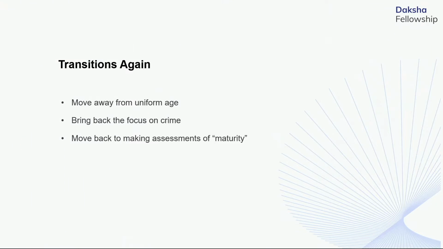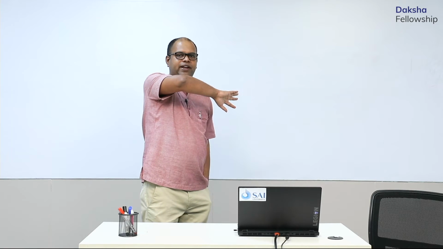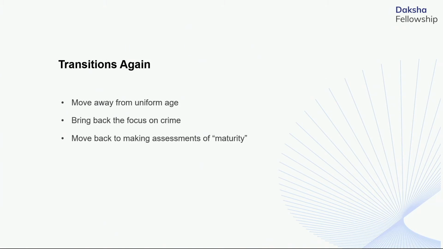All right. If you take a look at this once again, you see a lot of transitions. For one thing, we seem to have moved once again away from the idea of uniform age, that all persons below 18 were just treated as children and tried as children irrespective of their specific age. From that, we've built a new category now, 16 to 18.